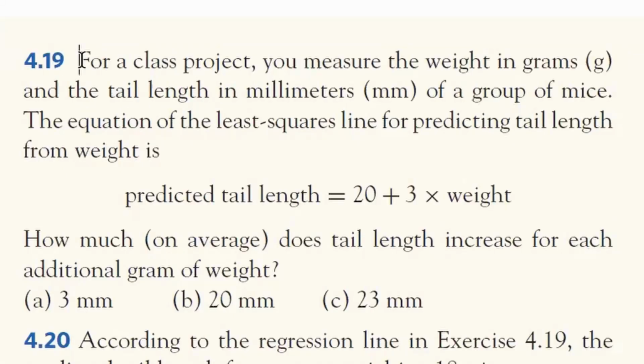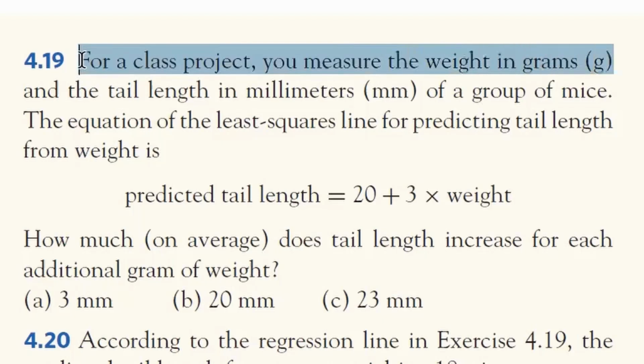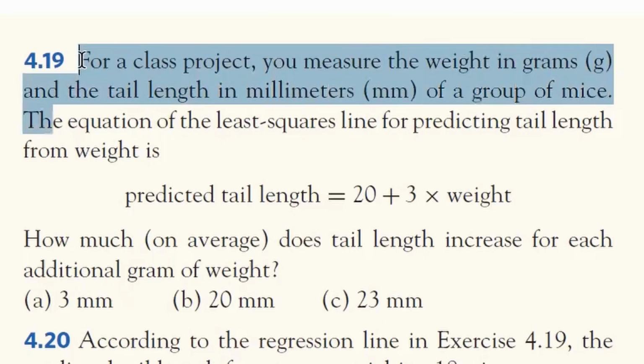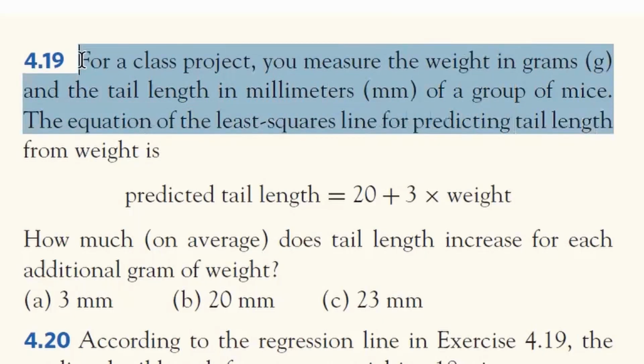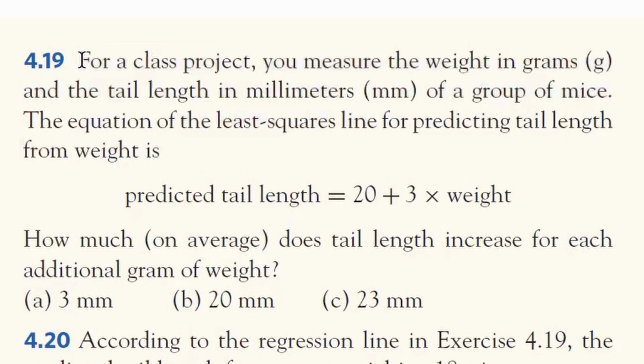You measure the weight in grams and the tail length in millimeters of a group of mice. The equation for the least squares line for predicting tail length from weight is, and we've done this a bunch, predicted tail length is equal to 20, which is the intercept, plus 3, which is the slope, times whatever your weight value is.